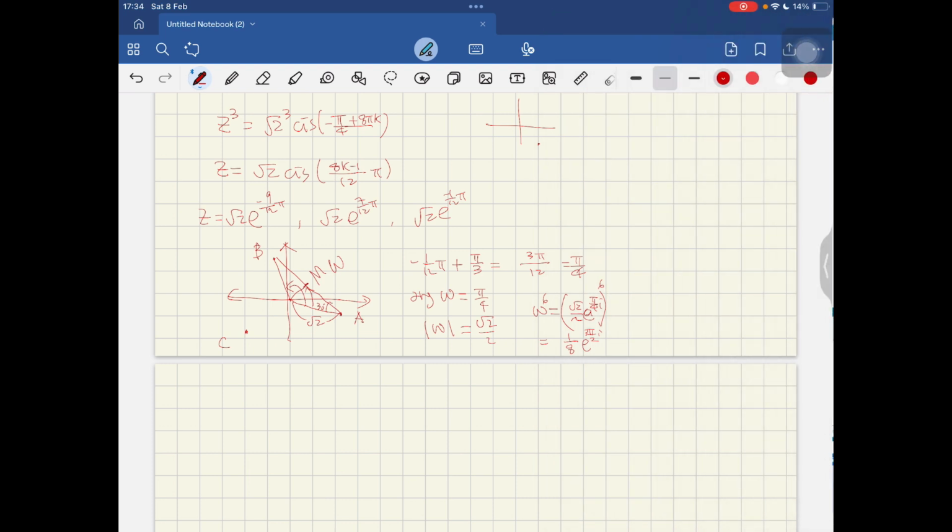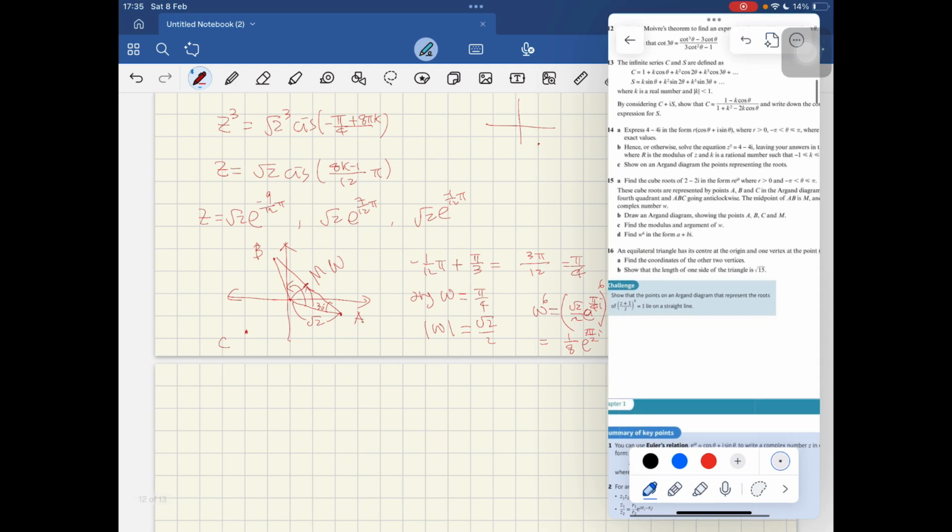So from the Argand diagram, the distance is 1 over 8 from the origin, and the argument is 3 pi over 2. So this coordinate is 0, negative 1 over 8. So this is negative 1 over 8 i.